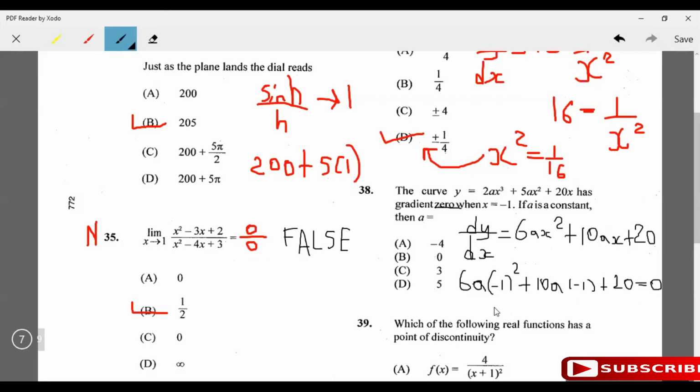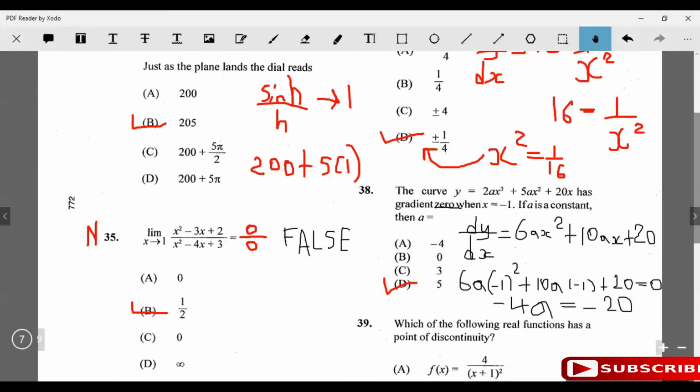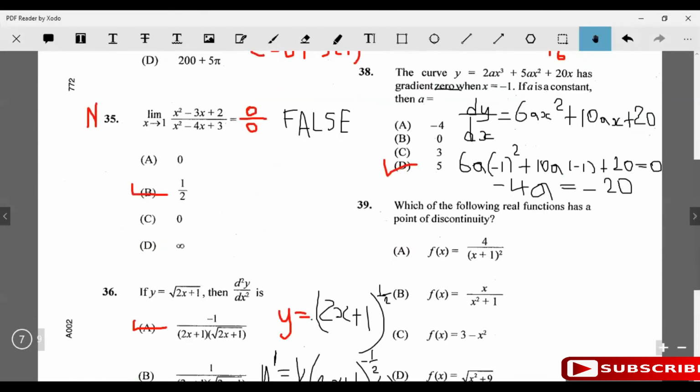So this entire equation simplifies to 6a plus 10 minus 10a, that's minus 4a. Minus 4a is equal to negative 20. If minus 4a is equal to negative 20, then clearly a must be equal to 5. So that's the value of the constant. A is equal to 5. Easy, sort of.